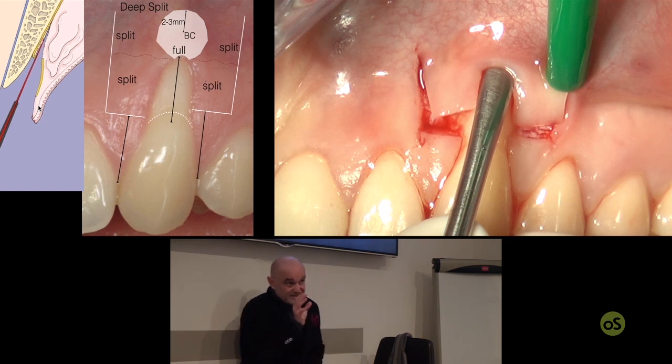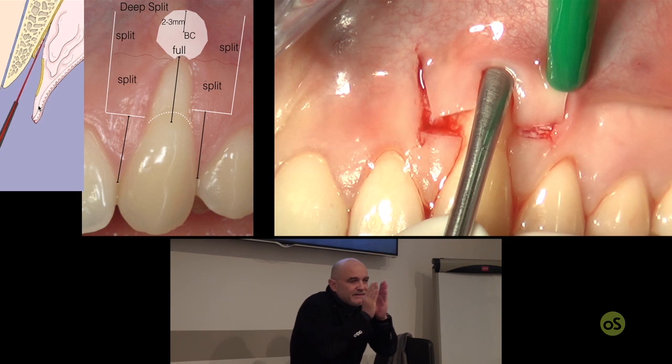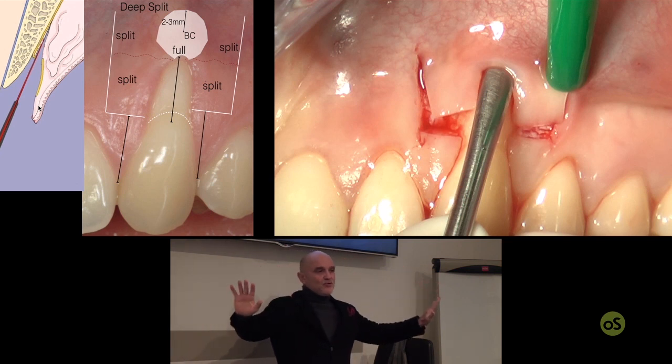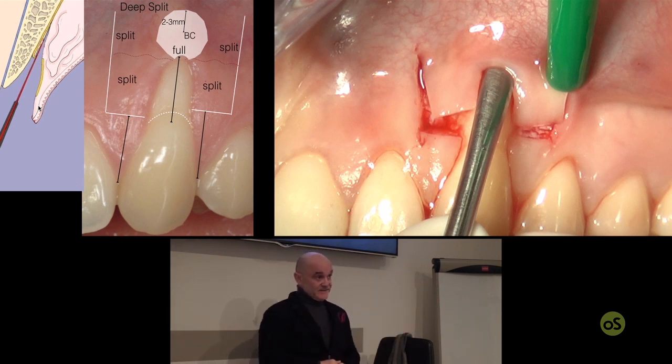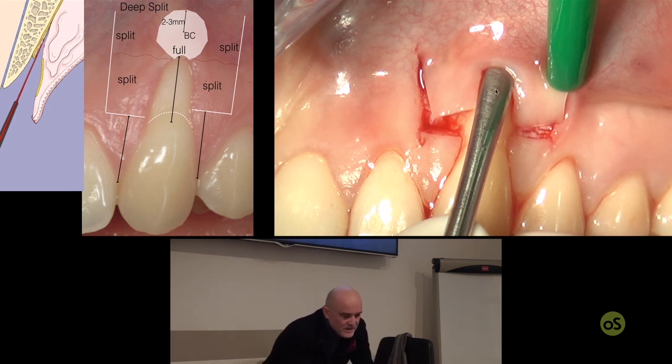So the full thickness flap elevation is done only in the middle, a very, very limited area, which is not including the area of the vertical releasing incision. And it has to be done for two reasons: keep the thickness of the tissue intact, and, if possible, leave some periosteum in the inner aspect of the flap that makes much more vascularized, much more stable the tissue that has to be placed above the root, above the enamel, that is completely avascular.